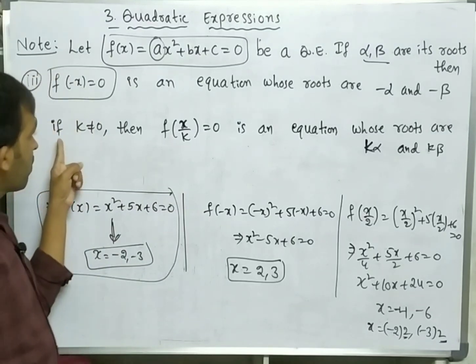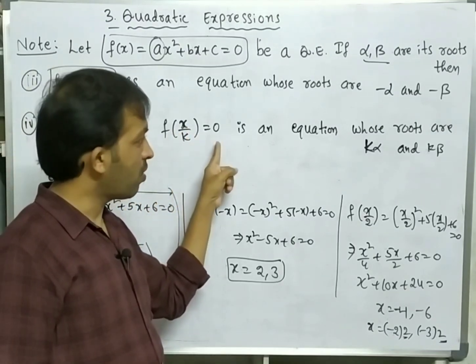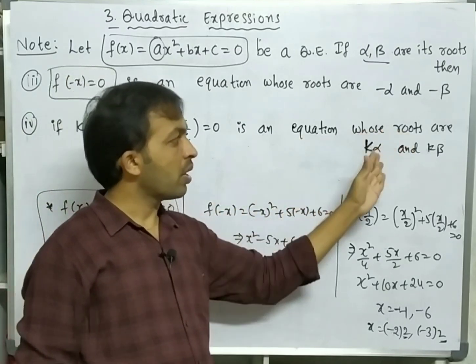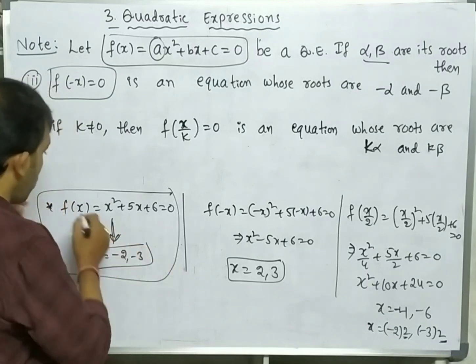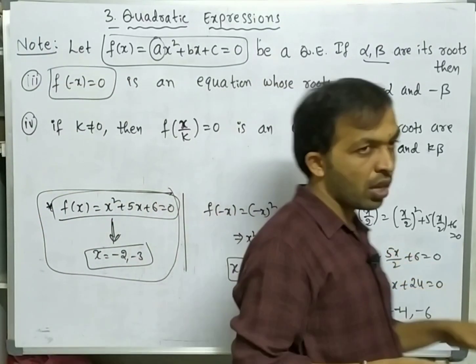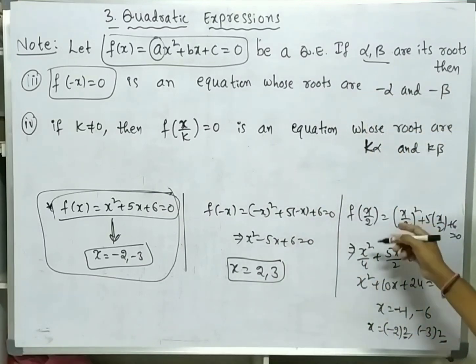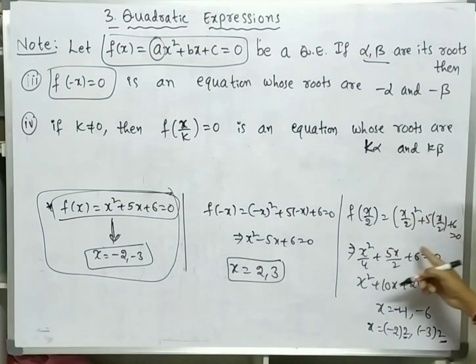And if k is not equal to 0, dividing x by k, f of x by k equal to 0, the roots are k into alpha and k into beta. If we divide by 2, we have the quadratic equation x by 2 whole square plus 5 into x by 2 plus 6 equal to 0.